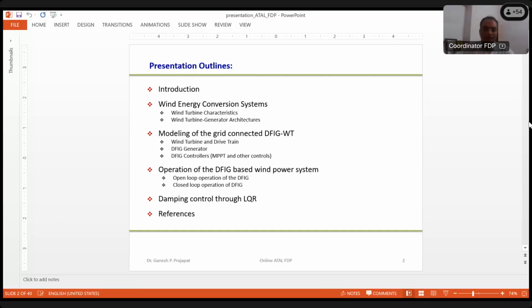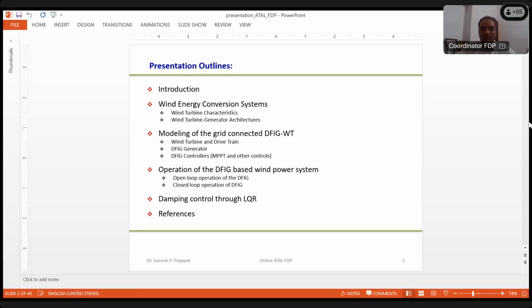So here is the outline. I'll start from the introduction section, and then I'll tell you about the various kinds of wind energy conversion systems. In that, I'll talk about the various kinds of generators which are used with generation through wind. Also, the various kinds of controllers conventionally available with wind power systems will be discussed in detail.